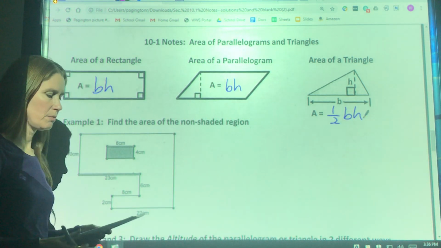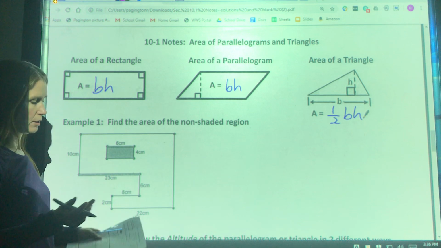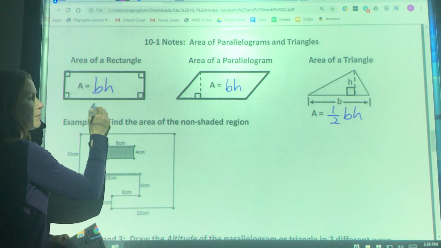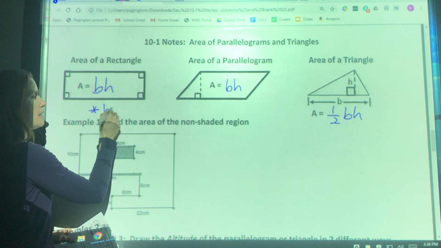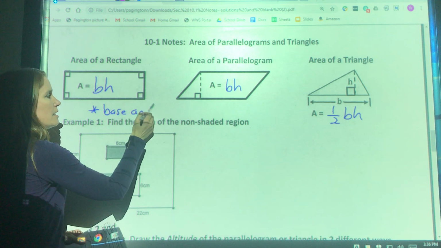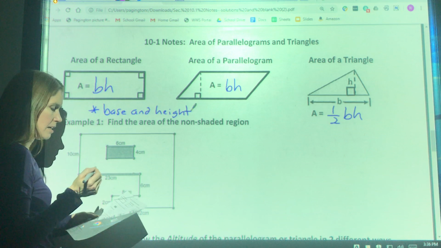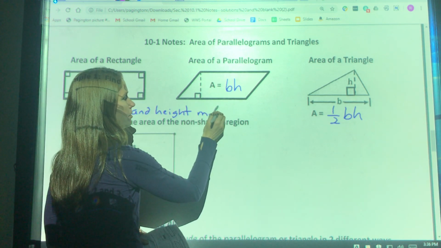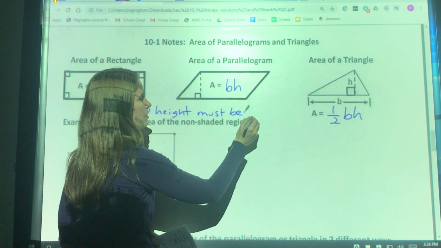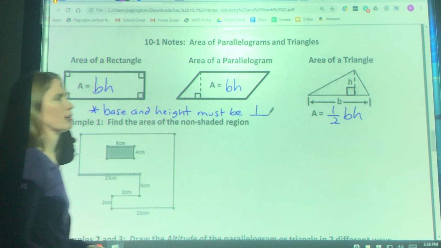Now, one important thing to remember for all three of these formulas, and this is something that I would write down, is that the base and height must be perpendicular. Draw a little perpendicular symbol there.